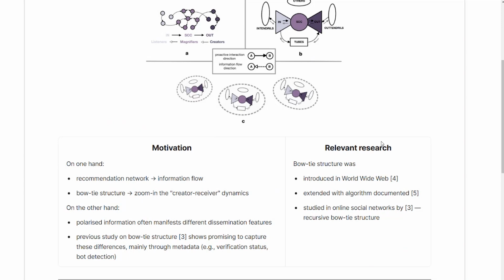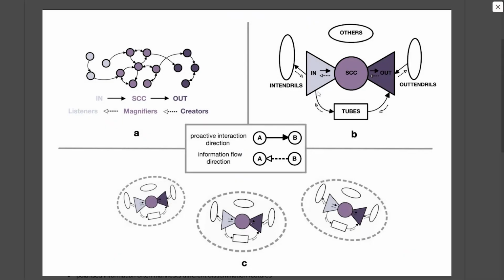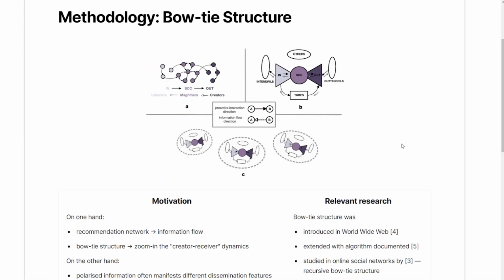Here I also put some relevant research about the bow tie structure. The bow tie structure is quite old in network science, to be honest, because it was discovered in 2000 and introduced in the context of the World Wide Web. In 2011, this bow tie structure was extended, so that it looks a bit bigger.